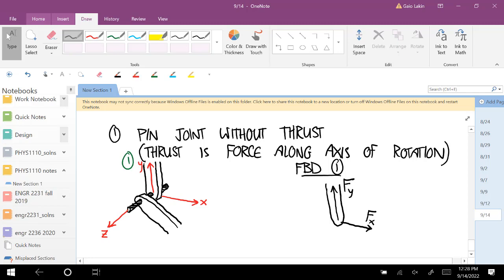And could it twist about y? No. So we also have x and y couples. And I'll write those as these double arrows. And so this is Fx and Mx and Fy and My. And those are the four. And these are perpendicular.